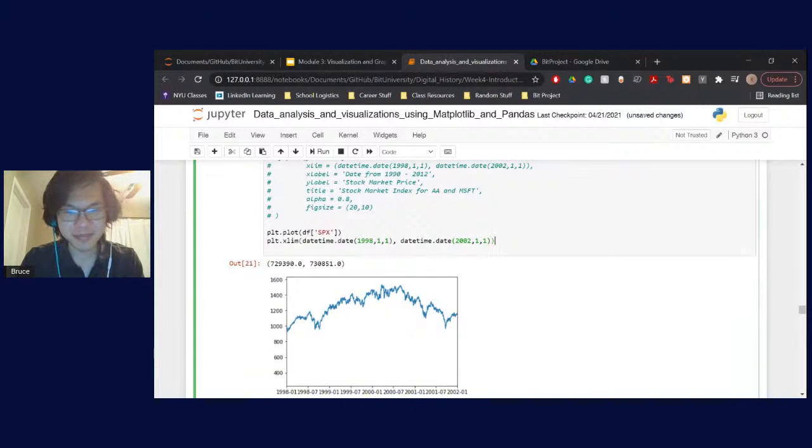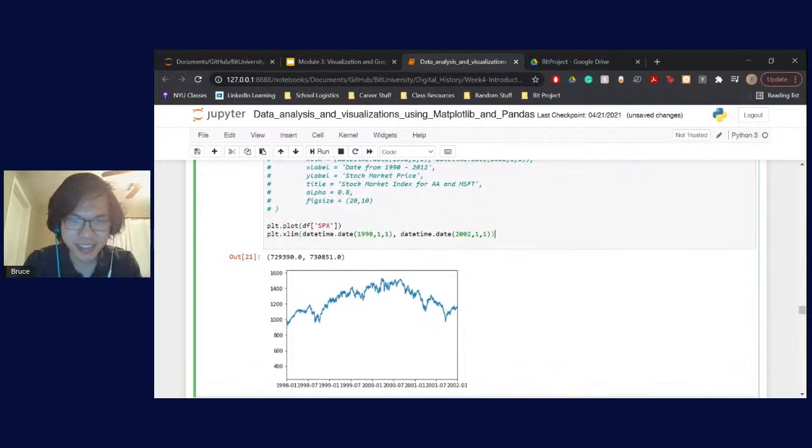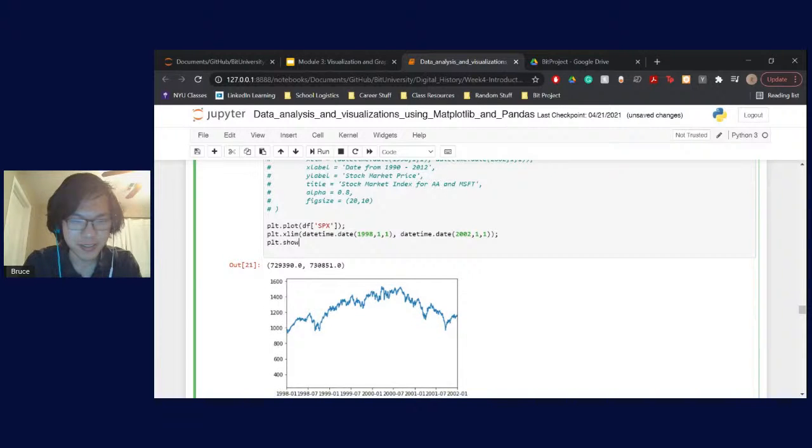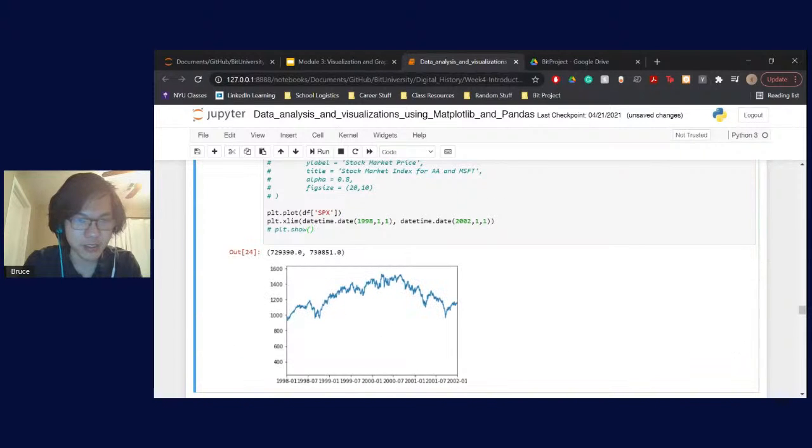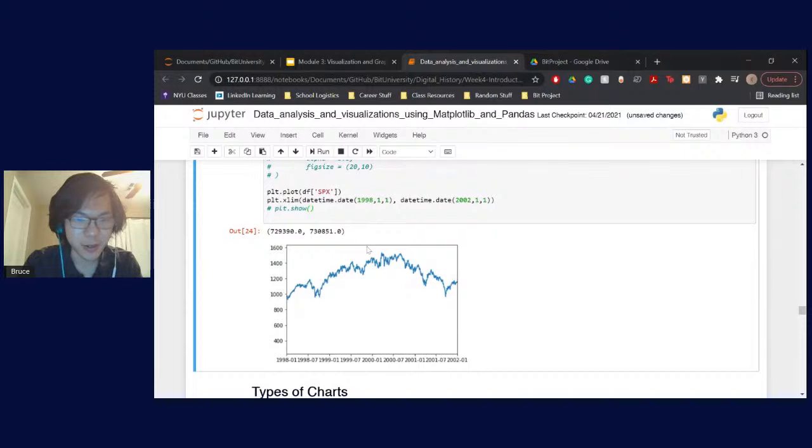Technically, you don't need to do plt.show when you're working on Colab, because the nice thing about Colab is that it just assumes that you want to see things. But good practice, plt.show. I put the semicolons here because if I don't put the semicolons and don't have plt.show, Colab makes the assumption that we really want to see everything, which includes this, which you don't really want to see.